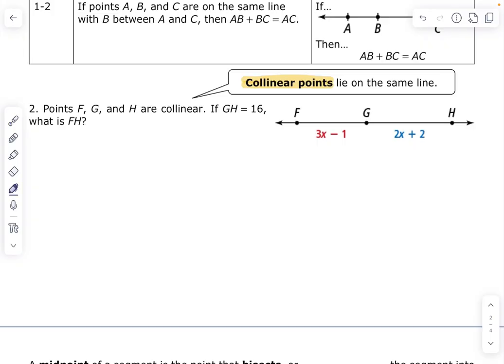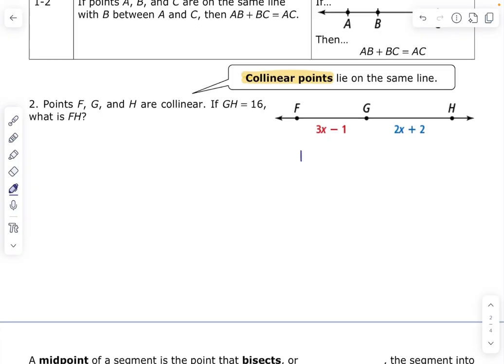Okay, let's start with our segment addition postulate. Because F, G, and H are all on the same line because they're all collinear, and we can see in our picture that G is in between F and H, I can say then that the entire length of FH is equal to the length of FG plus the length of GH.